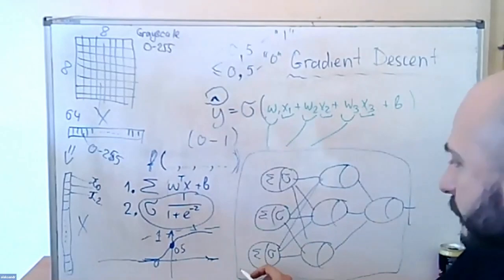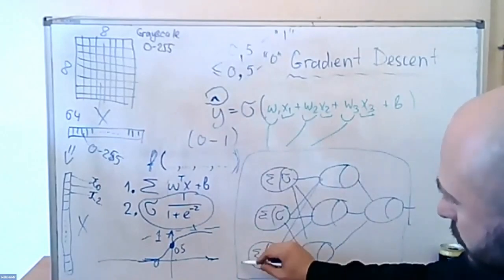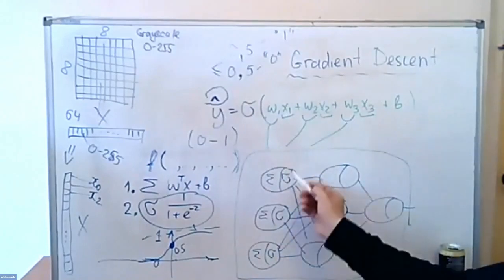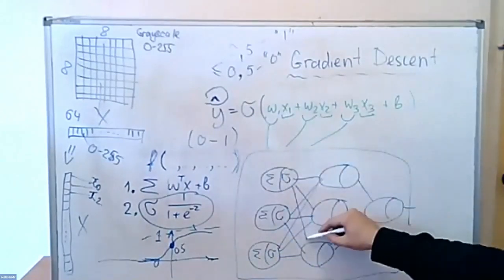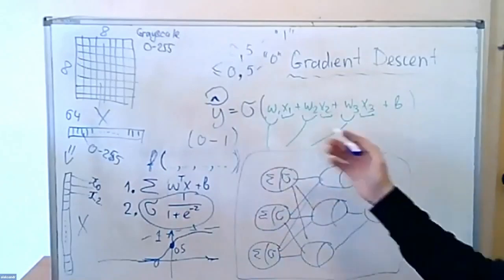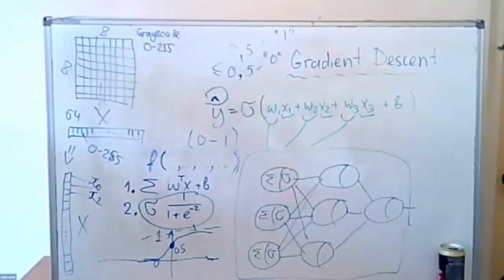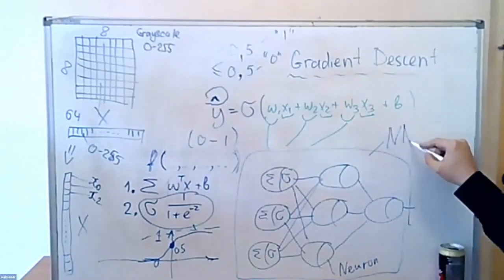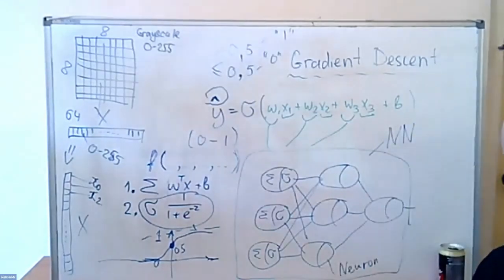So that we have many inputs here for each logistic regression, many logistic regressions that join together in the network. And in fact, this is already a neural network. Any questions about this?